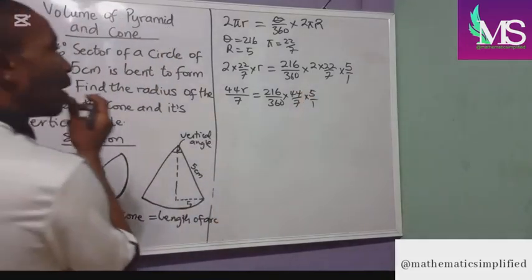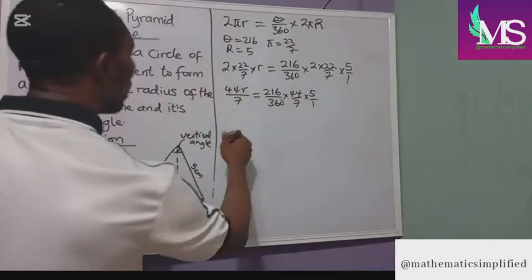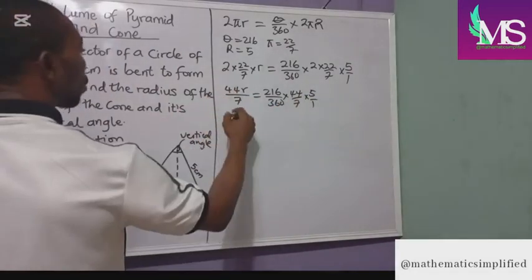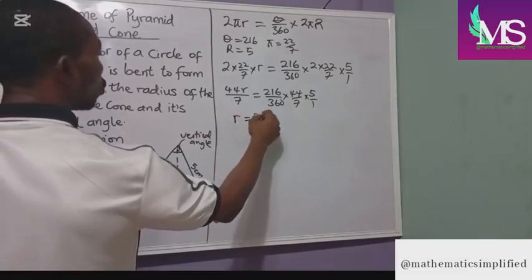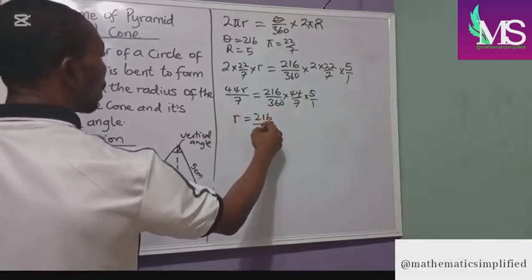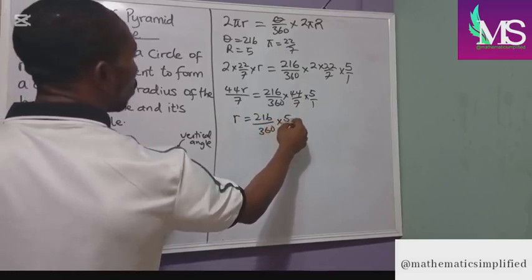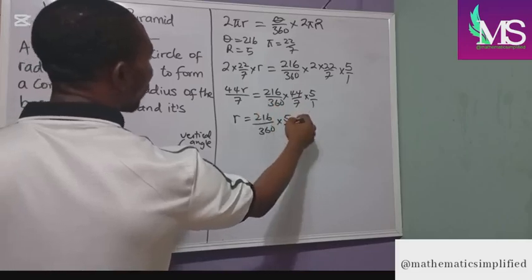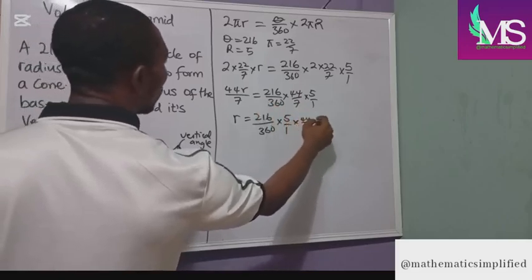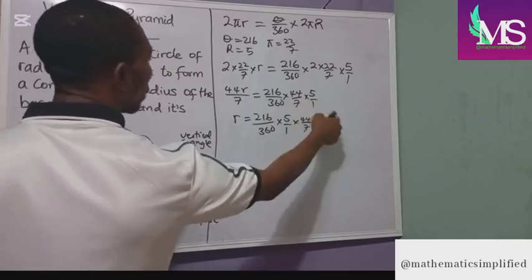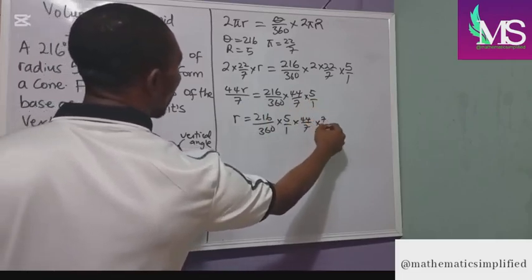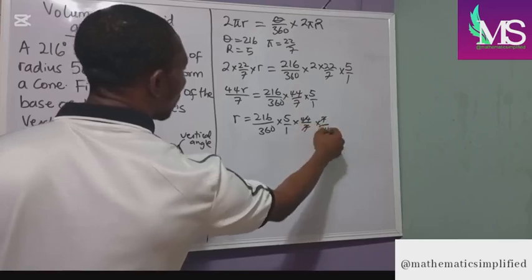Let's move this 2 over to this. Now r equals 216 over 360 times 5/1. Now if we have times 44/7, when this comes over, it becomes inverse, times 7/44. So this will cancel out this.